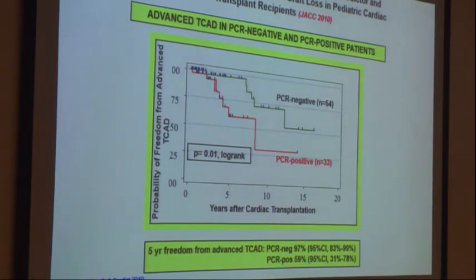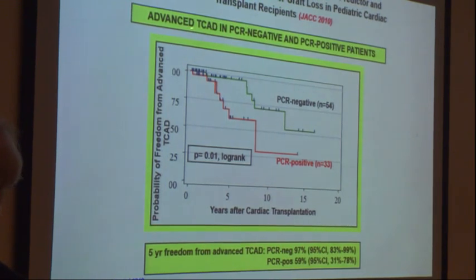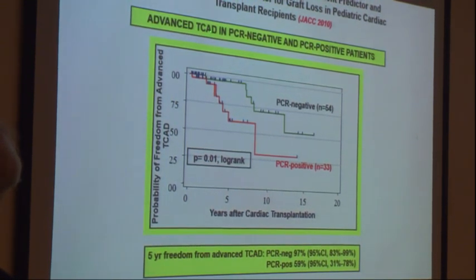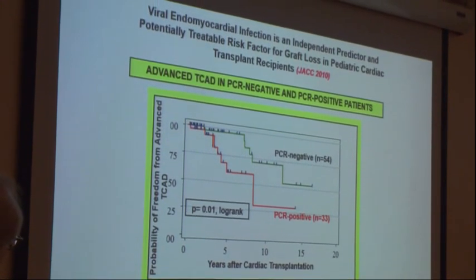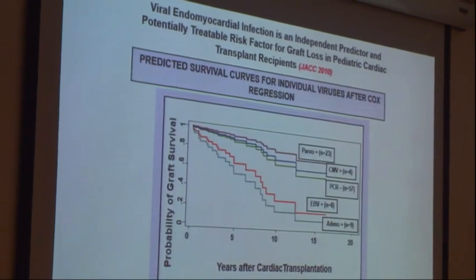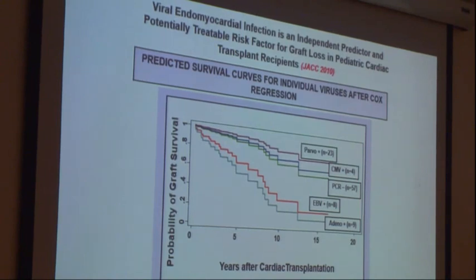The difference here versus the adenoviral positive patients was this was really all based on advanced transplant coronary artery disease, so coronary obstructive disease. And you can see, again, the PCR positive versus negative, 5-year survival 97% if you're negative, 60% if you're positive. So a substantially different reason for the loss of your graft, but at the same rate, essentially, as previously.